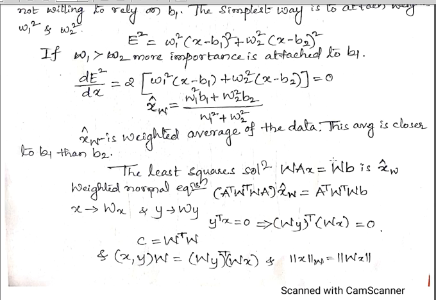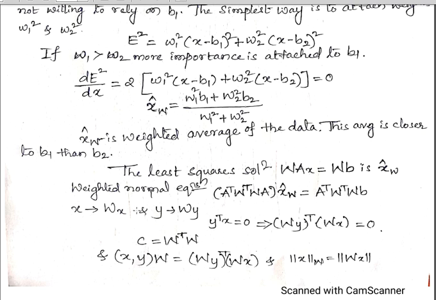The least squares solutions have to be in terms of w. It is not just Ax is equal to b, it is WAx is equal to Wb. And the normal equation would be A transpose W transpose WA, just like A transpose A we need to write. So here W transpose also comes in these equations, and the same on the right side, that is A transpose B, wherein W and W transpose also come.